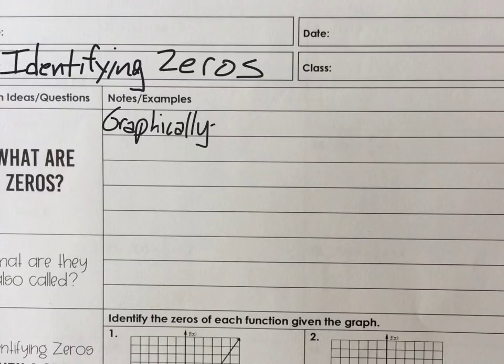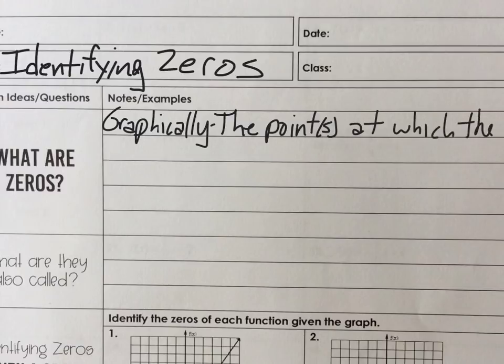Graphically, if you're looking at a graph, they are the point or points, and it might be one, it might be a bunch, so I'm going to put the little s in parentheses. The point or points at which the graph intersects the x-axis.